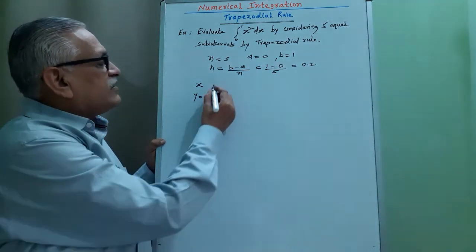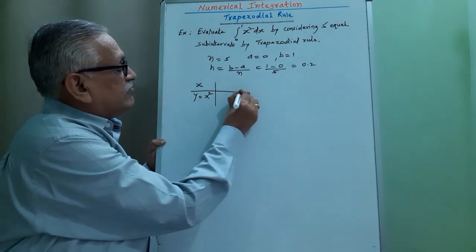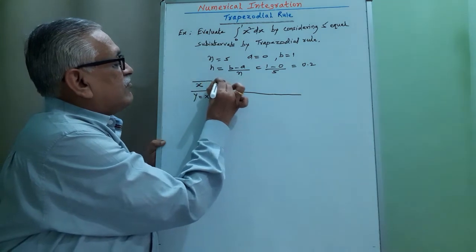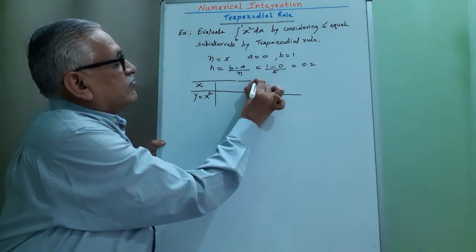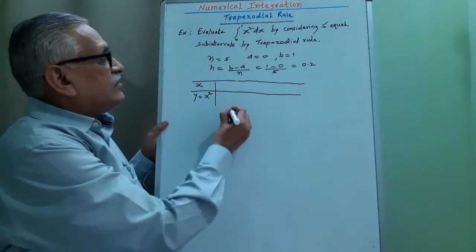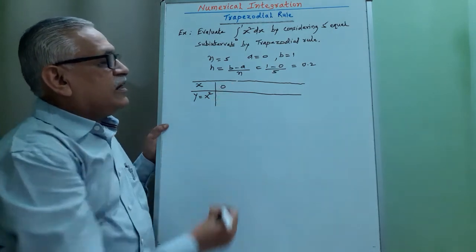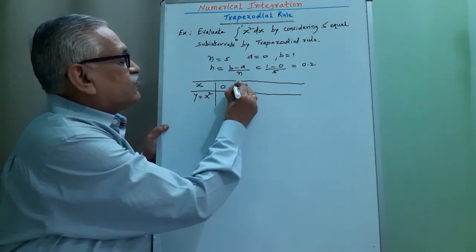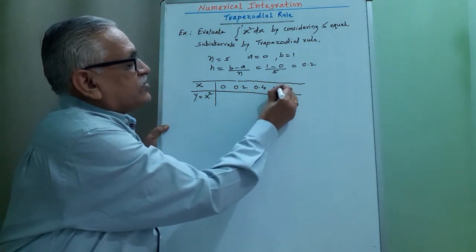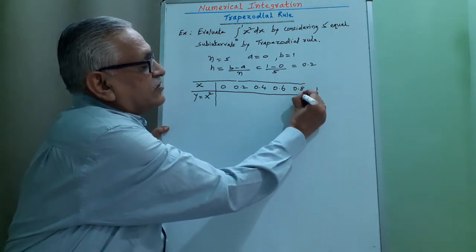Then we make a table. First value of x is 0, a difference of 0.2. Therefore, next one is 0.2, 0.2 plus 0.2, 0.4, next 0.6, next 0.8, and the last one is 1.